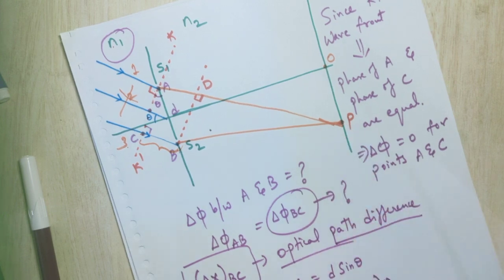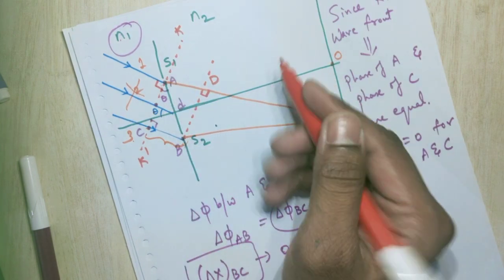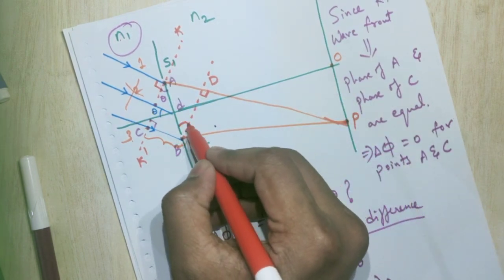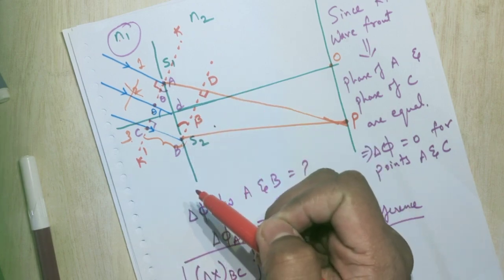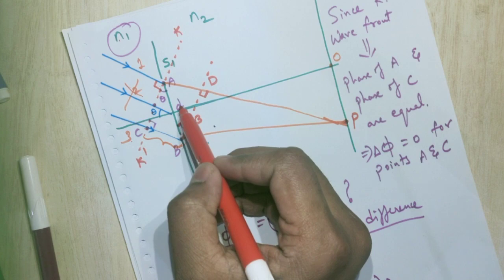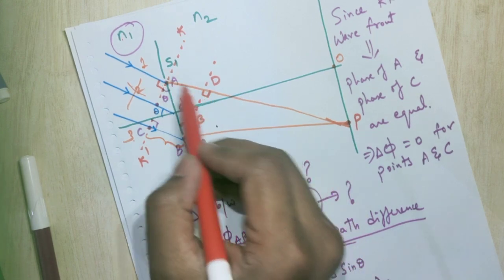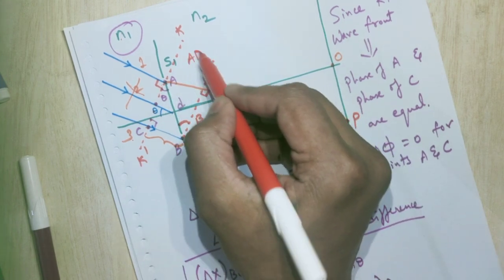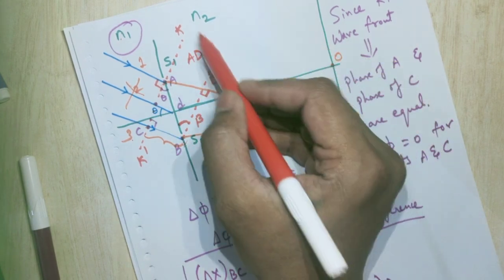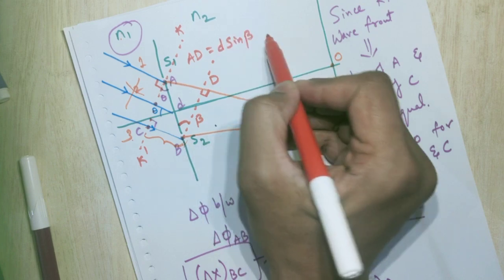Now from this figure, let us assume this angle is beta. Now this hypotenuse is anyhow d and this is beta. Now from simple trigonometry you can say that AD is equal to d sine beta.